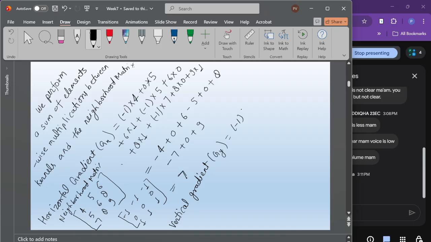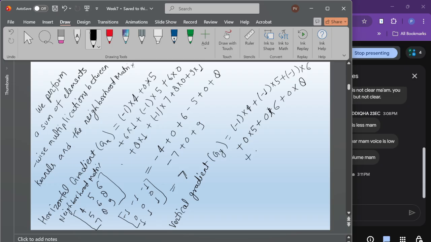So minus 1 into 4 plus minus 1 into 5 plus minus 1 into 6, plus 0 into 5 plus 0 into 6, 0. Here it is into 8.